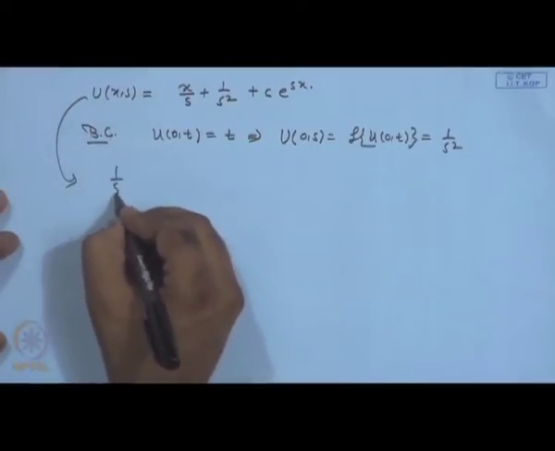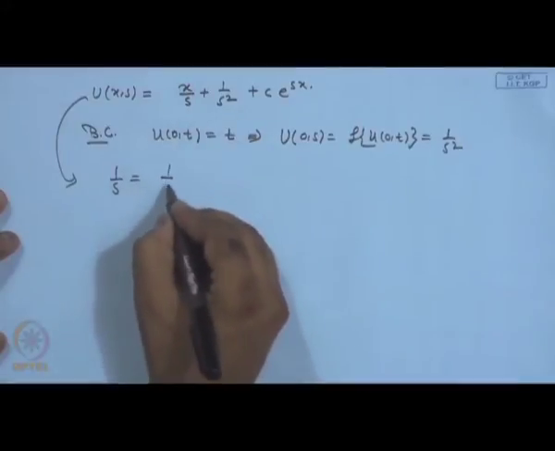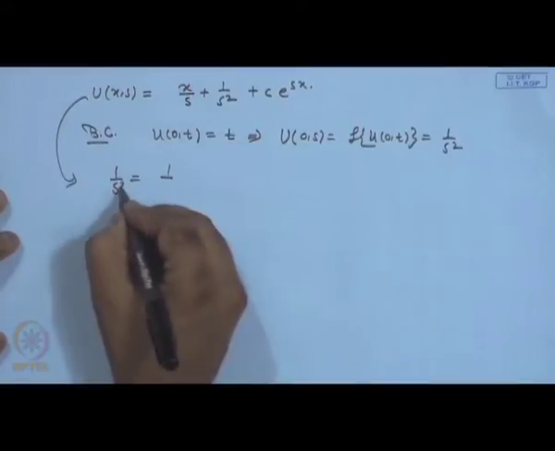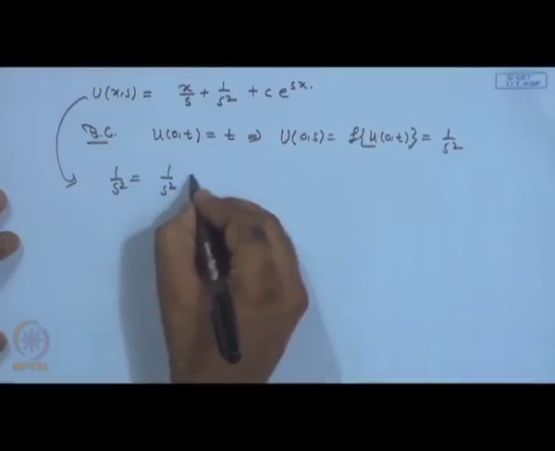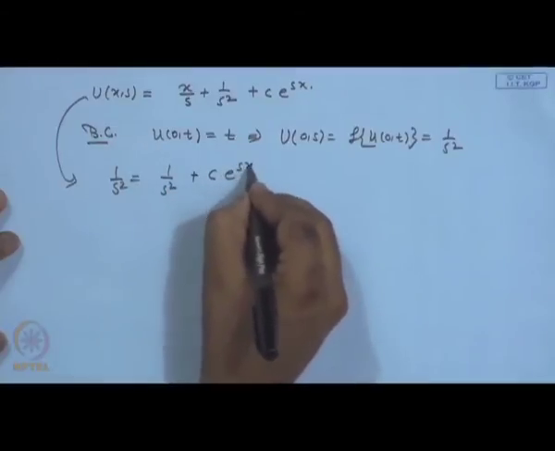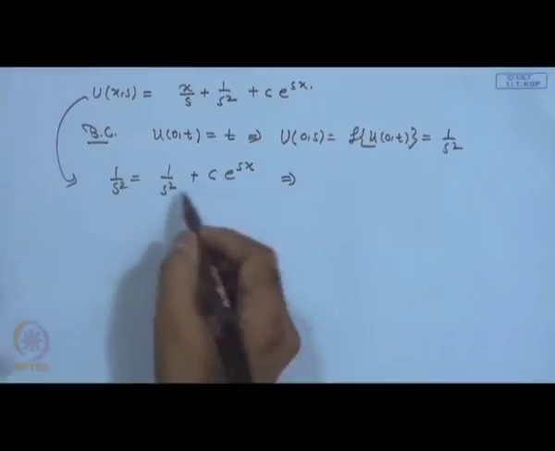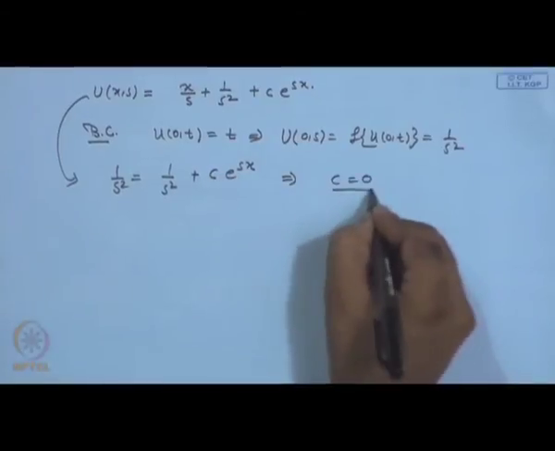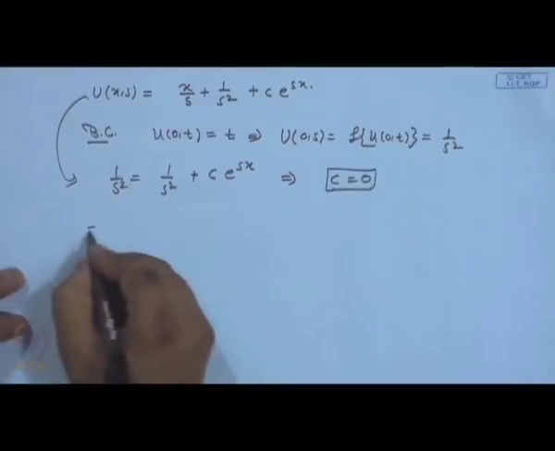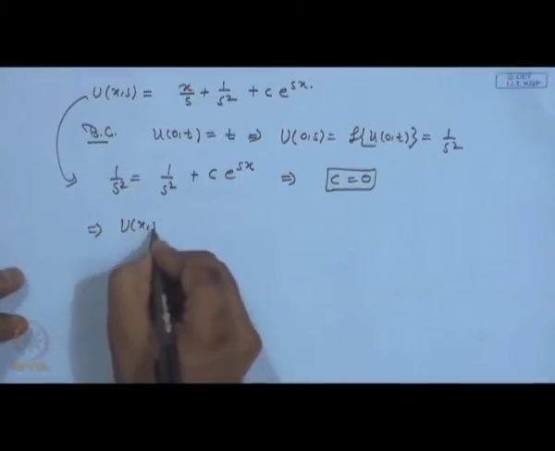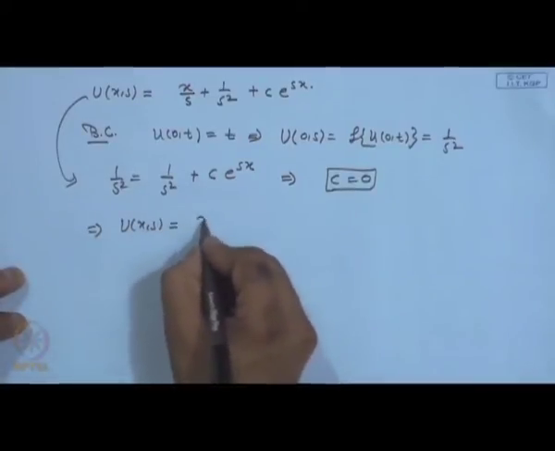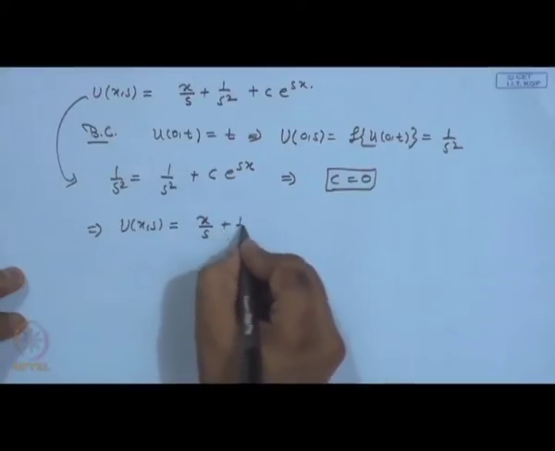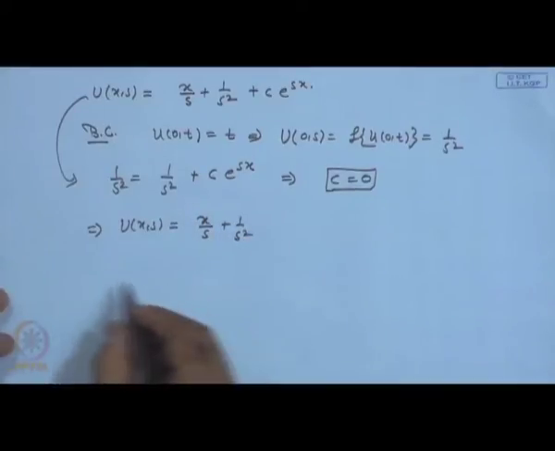So, we have 1 over s, x equal to 0, we have again 1 over s squared, sorry, and then we have 1 over s squared plus c e^(sx). So, what we see from here is that c must be 0. So, this constant c should be 0, and then our solution is U(x,s) equal to x over s plus 1 over s squared.